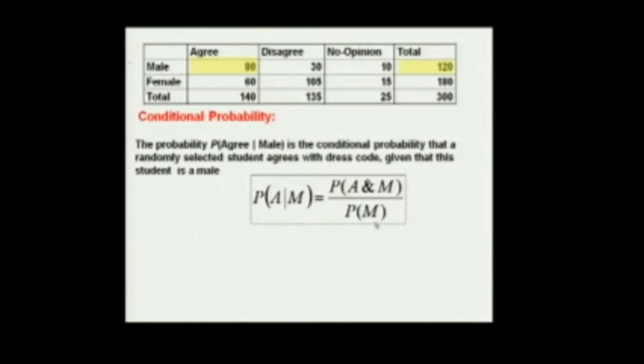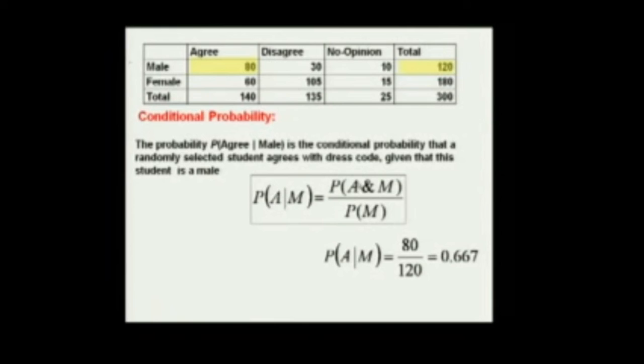P(M). However, if we look at the contingency table carefully, we can get A given M directly without having to use the ratio here. If you look at here, this value here is 80, which is the male who agreed. Now, divided by the total male, which is the 120, that should give us the answer directly. So there are two ways to solve this problem.